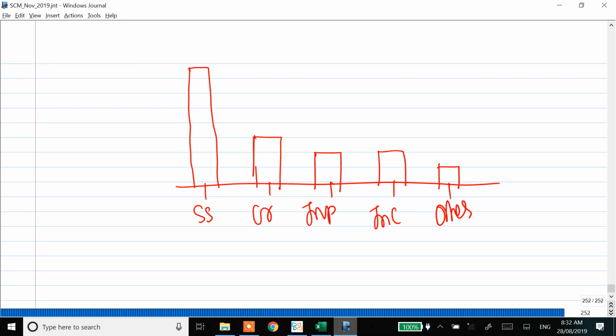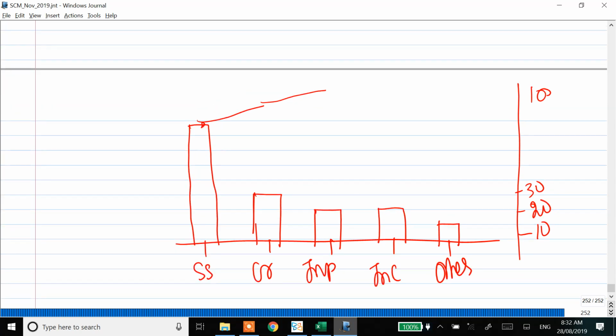I also have a secondary axis: 10, 20, 30 till 100%. This starts with something like 63%, then 75, then 84, then 92, and my 100% of the defects come here. So this is the secondary axis, and this is the primary axis.